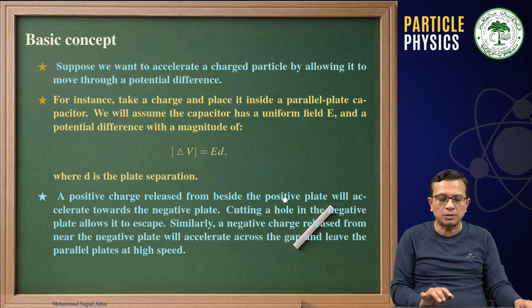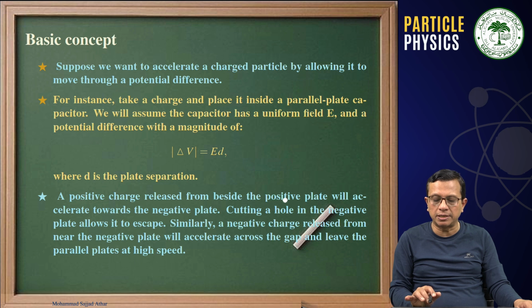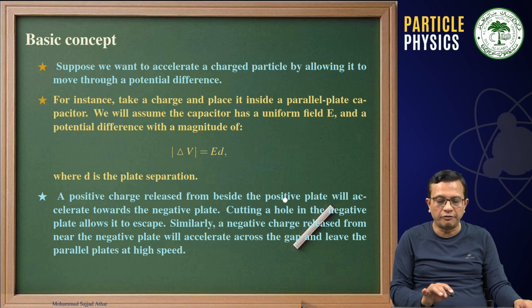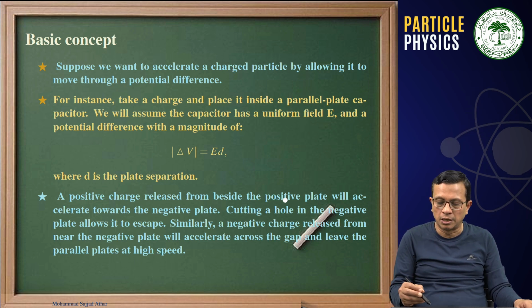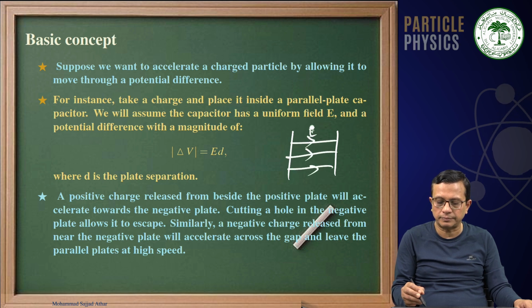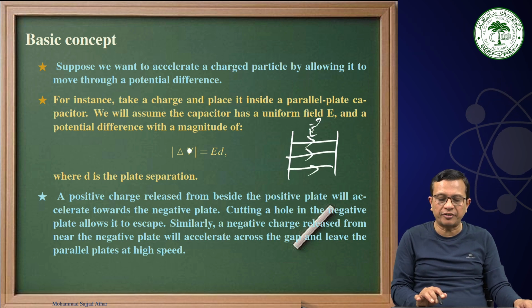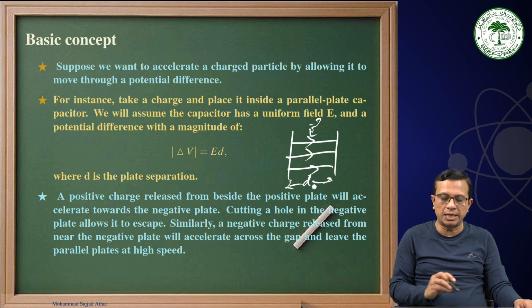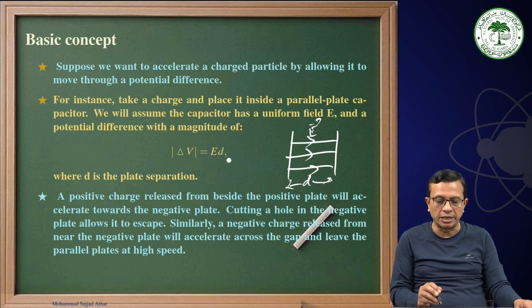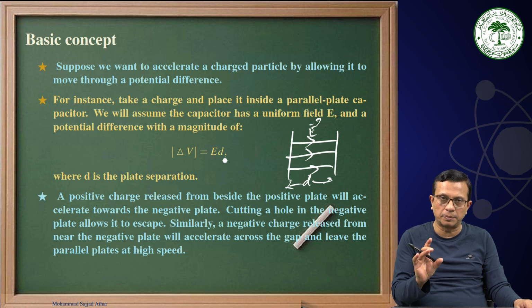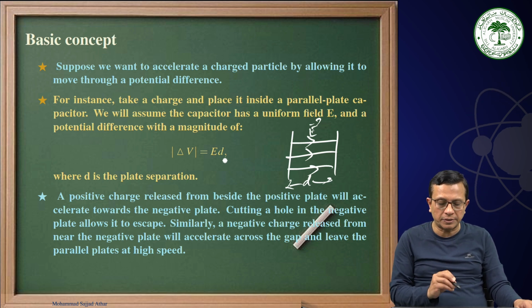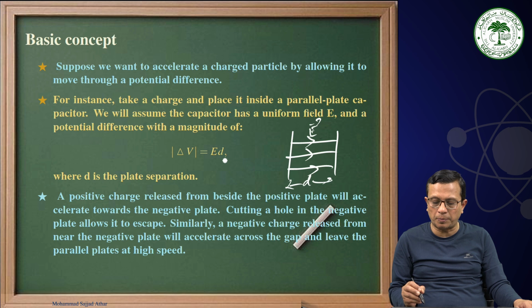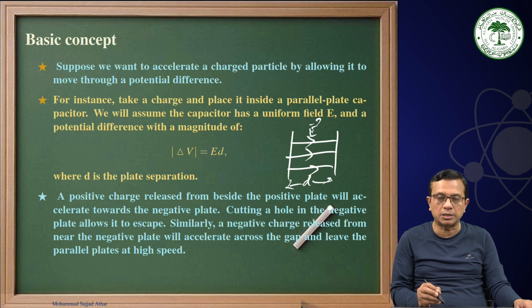Take a charge and place it inside a parallel plate capacitor. We will assume the capacitor has a uniform electric field E, and a potential difference, where d is the distance between the plates. Delta V will be E times d. Now, a positive charge released from beside the positive plate will accelerate towards the negative plate.